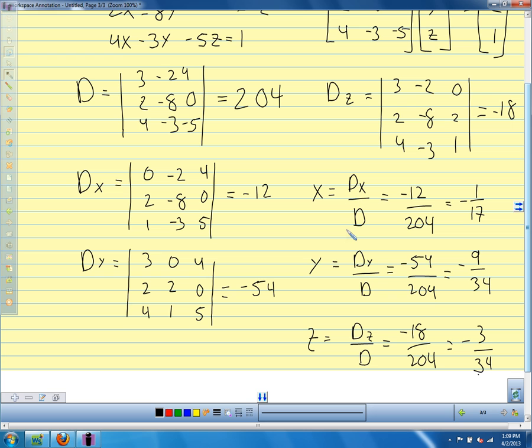Last thing we're going to talk about today is using determinants to find the area of a triangle.